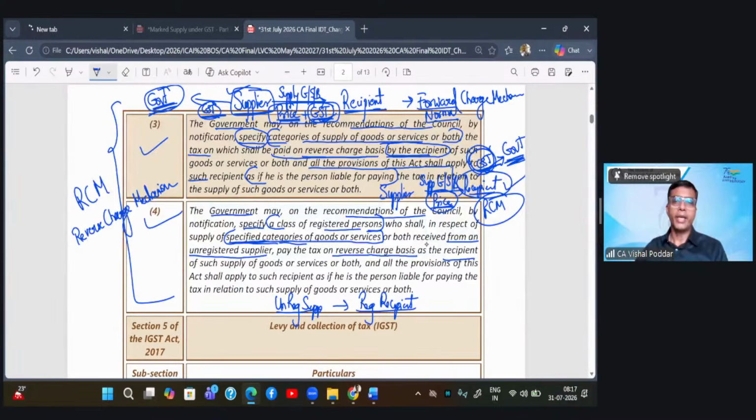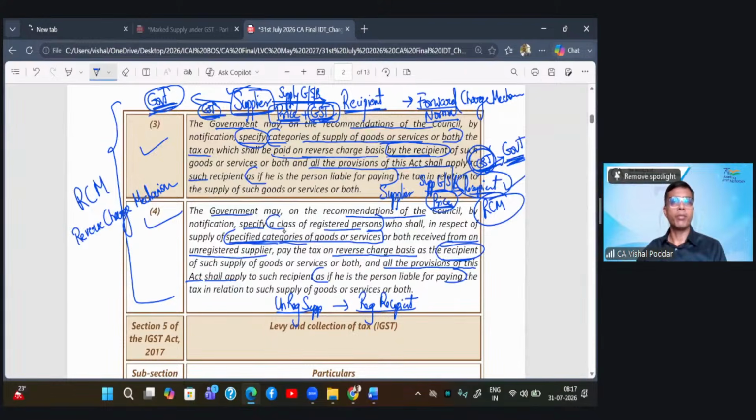So we will collect the tax from the recipient in respect of these specified supplies. And most important, all the provisions of this act will apply to this recipient as if this recipient is the person liable for paying the tax. So remaining everything is same.